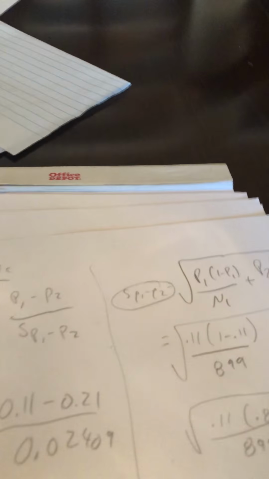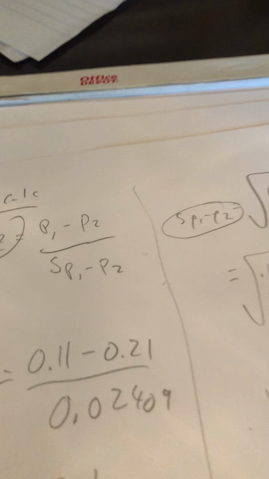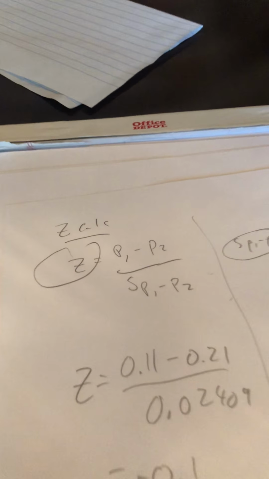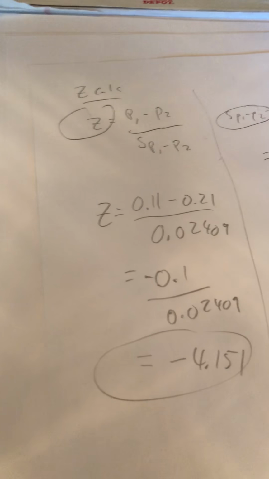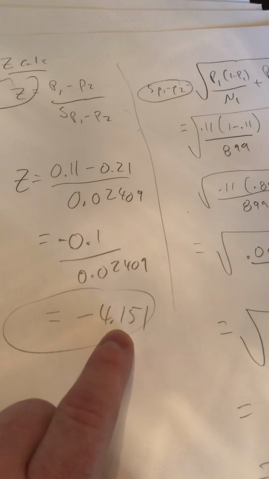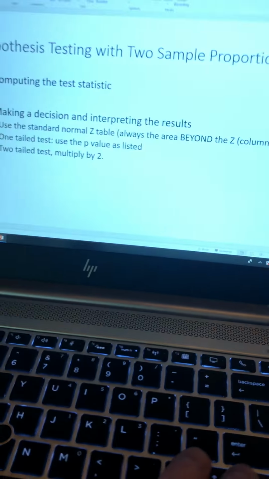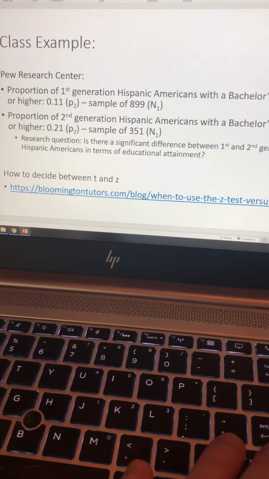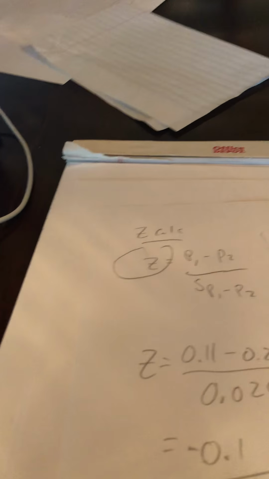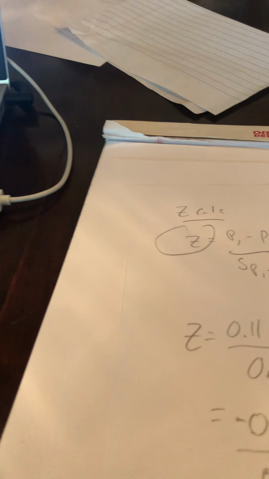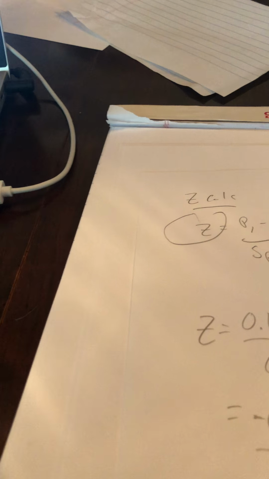Now we're going back to the z table, old reliable z table, as I like to call it sometimes. It's a good friend. So here's our test statistic. In the question, I didn't even ask you, but typically I'll specify what alpha is, what confidence level.